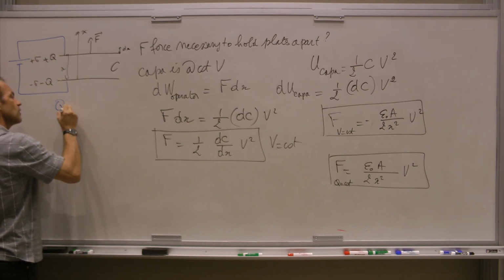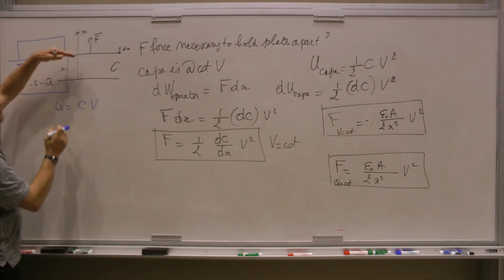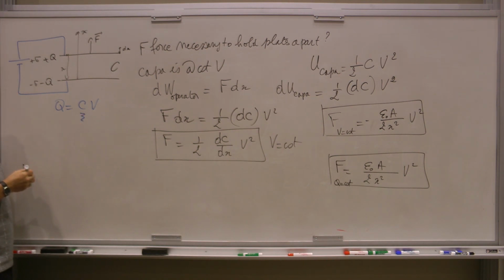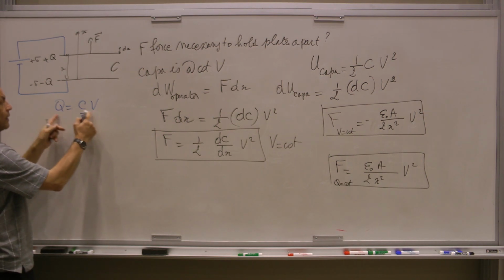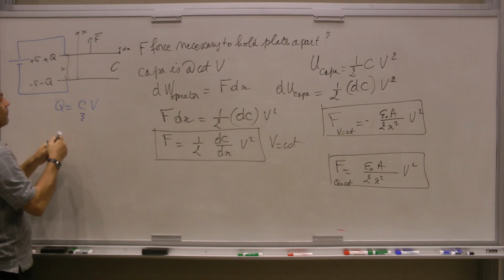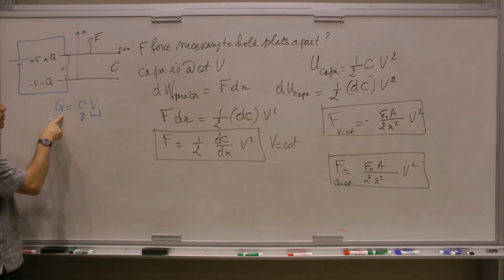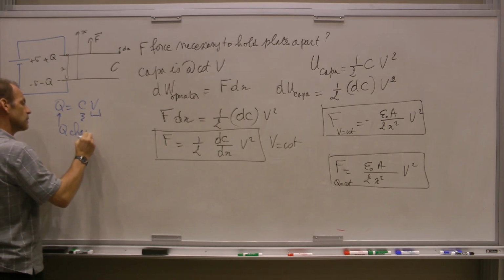I have Q is equal to CV. By changing the spacing, I am changing C. If I change C, then necessarily these things have to get readjusted with each other. V is held constant, so necessarily the battery has to change that. So my Q is changing.